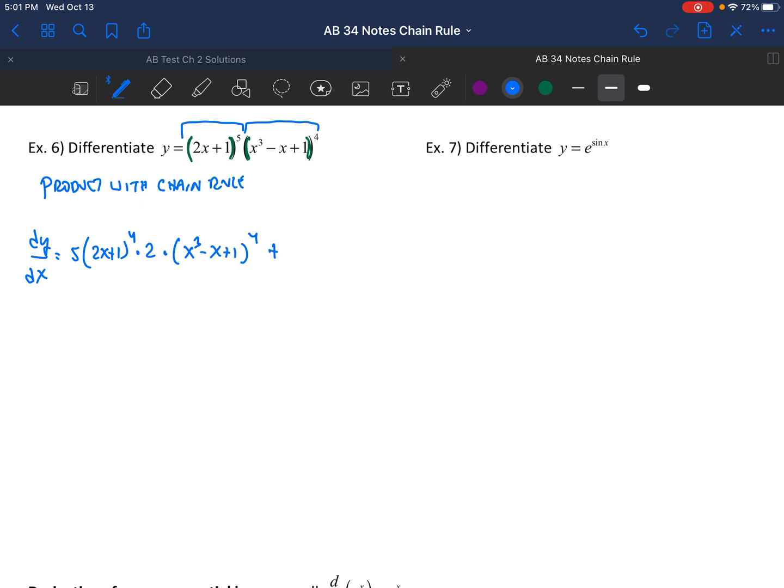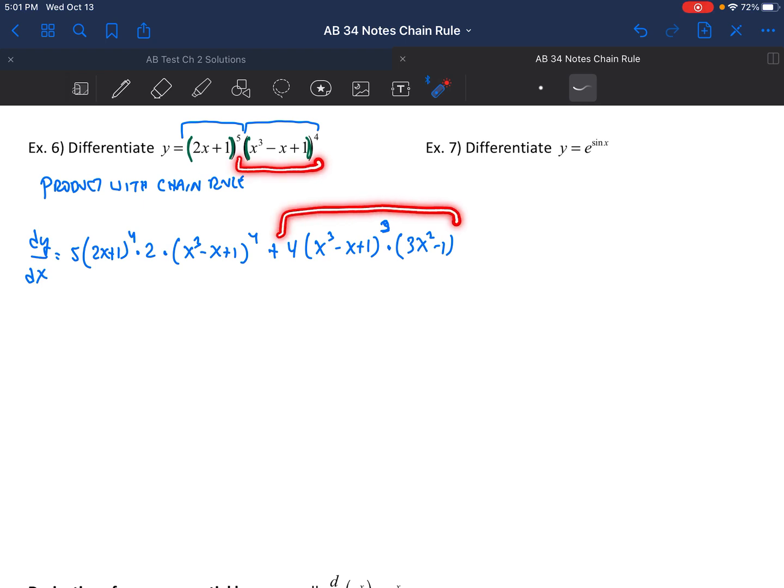Add to that the derivative of the second term, which would be 4x cubed minus x plus 1 raised to the third power. So derivative of the outside multiplied by the derivative of the inside. That's going to be 3x squared subtract 1. So that is the derivative of the second chain rule multiplied by the first. Multiplied by 2x plus 1 to the fifth.